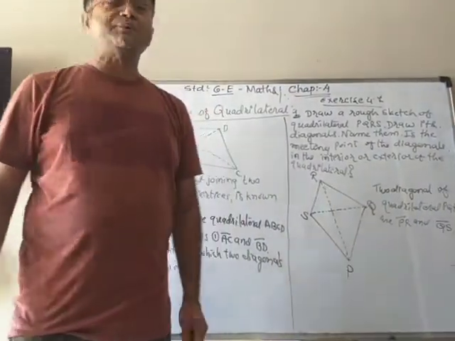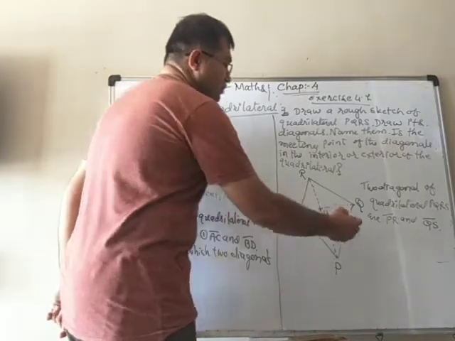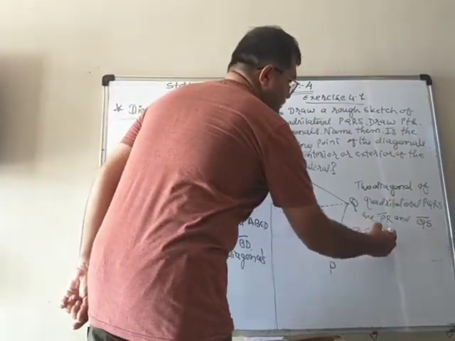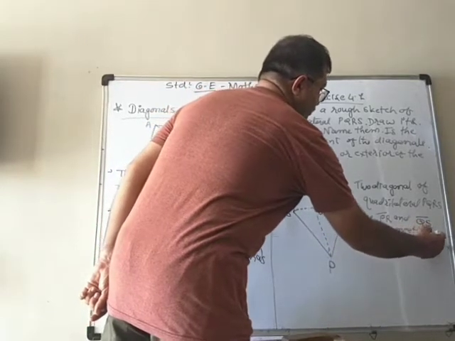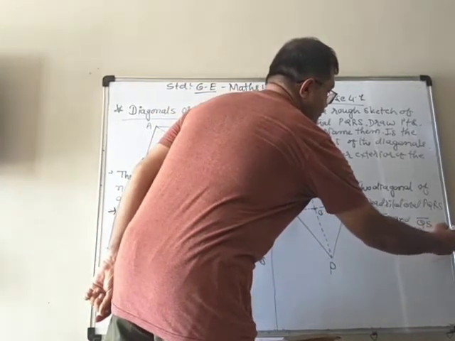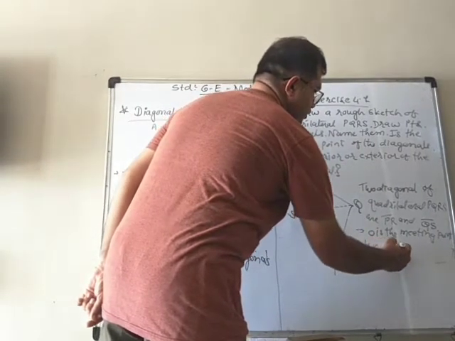Now the meeting point is here. We can write down O is the meeting point of the two diagonals.